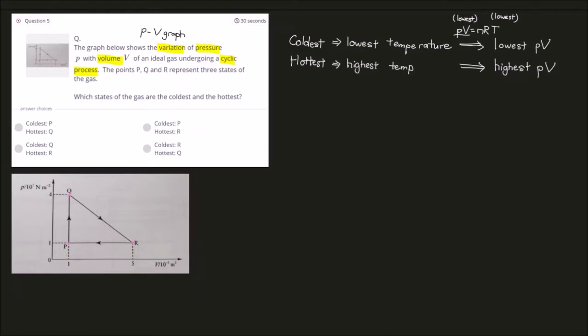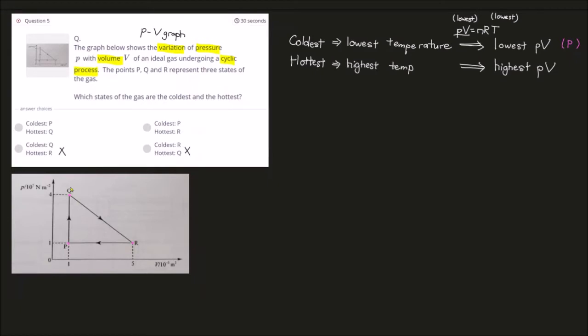Without any very complicated calculation, we know that point P will be labeled as the coldest gas. So with that, we can eliminate the other 2 options. Now we are left with which one is the hottest. For the hottest, you have option Q or R.